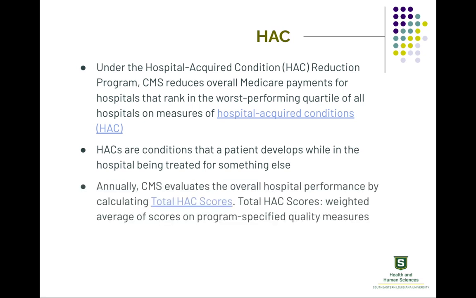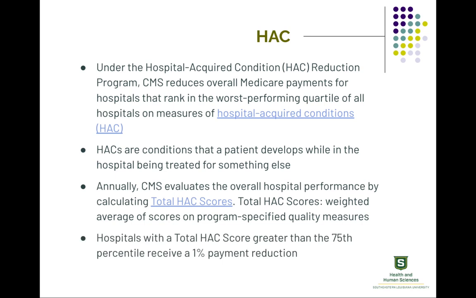How CMS treats this program is through a scoring system. It has the total HAC scores, and they are weighted. You have a number of specific quality metrics that hospitals get scored on. At the end, the scores are weighted, and that determines the total score a hospital gets.